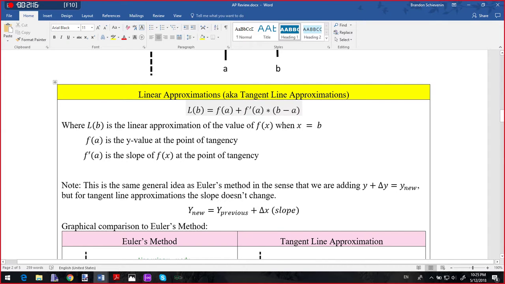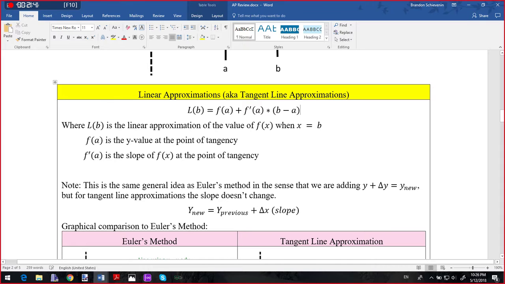If I move this f of a to the other side, it would be minus the y value at a, which is where I'm getting the tangent line from, equal to the slope at a, which is the slope I've gotten the tangent line from, times b minus a, my x value at b minus the x value at a that we used to build the tangent line.